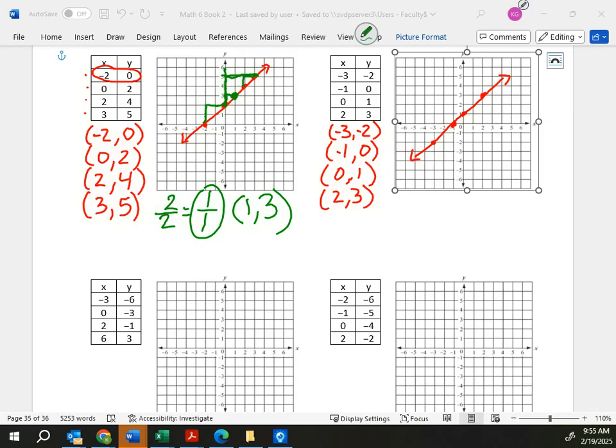Remember, to find that slope, you're finding the rise over the run. So that's going up or down, and then the run going to the right. Bennett, what do you think the slope is? -3 and -1.